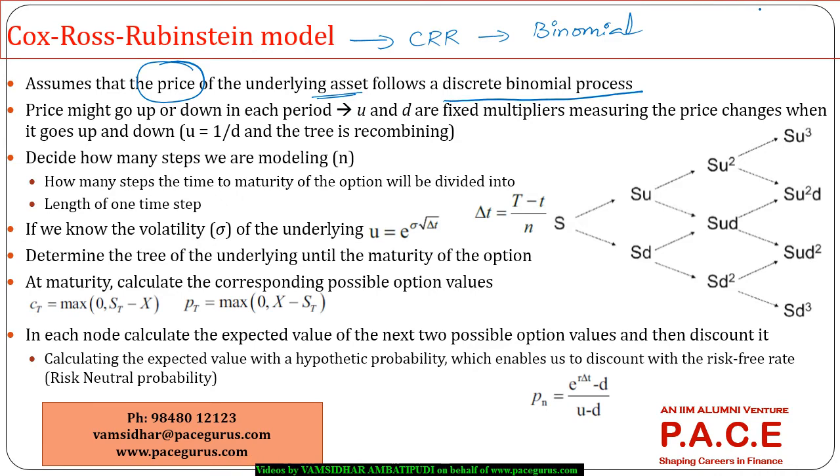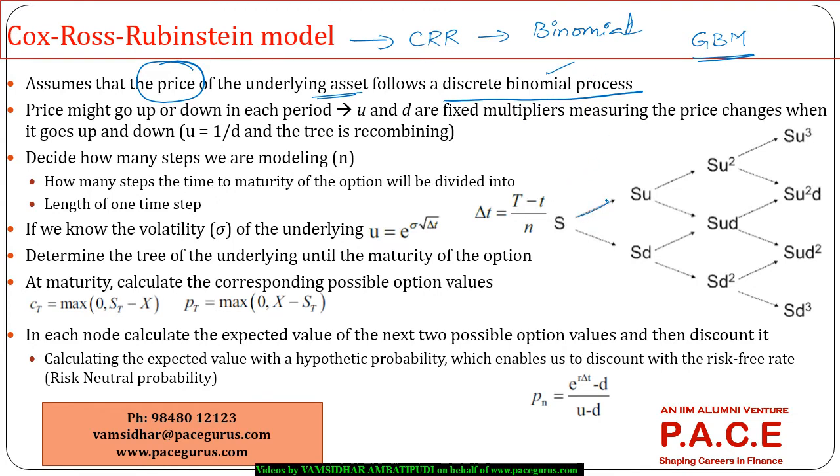If you try to recollect, the Black-Scholes formula made an assumption that the price of the underlying asset follows a geometric Brownian motion. Whereas this CRR model assumes that the price of the underlying asset follows a discrete binomial process.